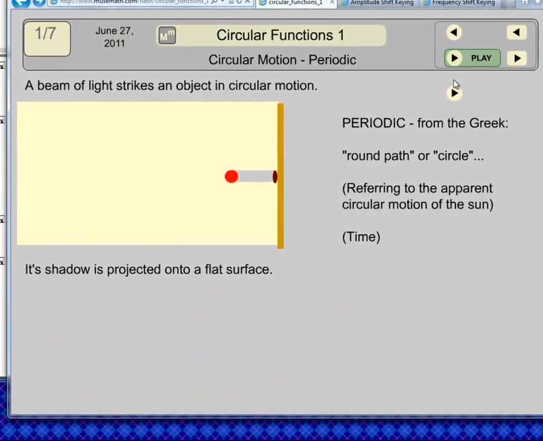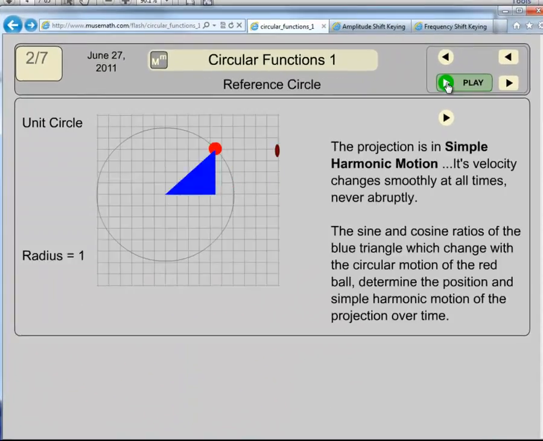Now if I move forward here, what does this have to do with a circle? Well, note I'm moving this flashlight around in a circle, and like any other circle, we can measure the position along the circle in degrees. So if the starting point here is 0, then that would be 90, that would be 180, that would be 270, and that would be back to 0.